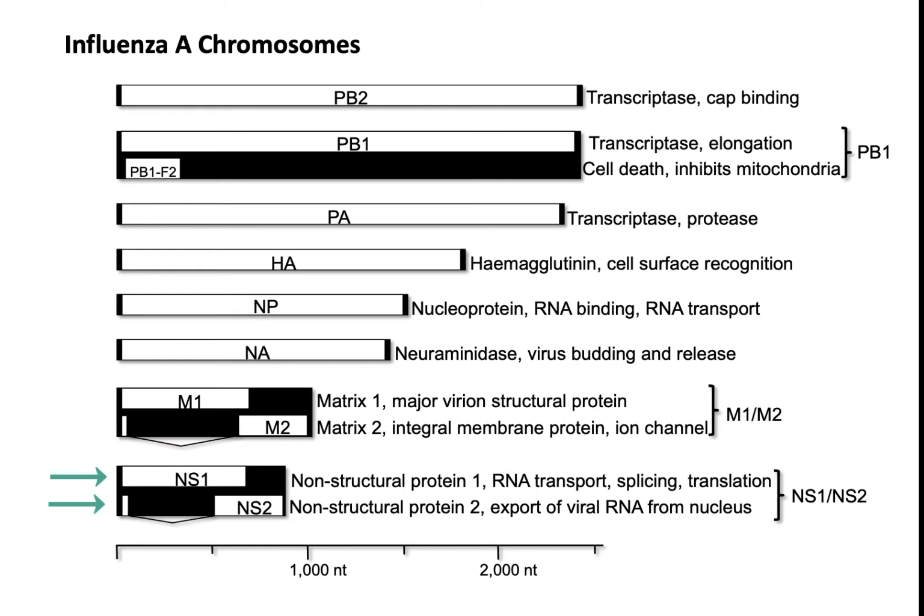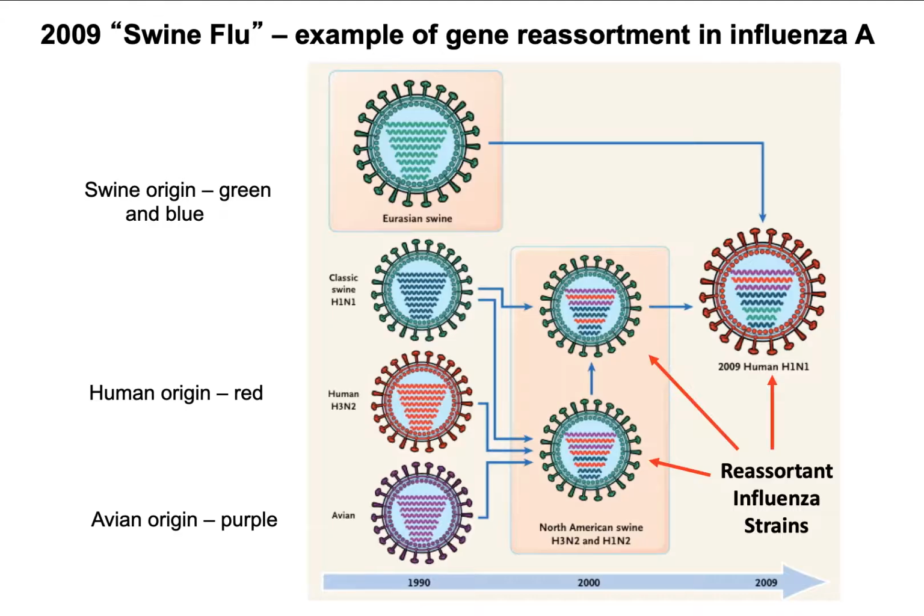And NS1 and NS2 are non-structural proteins that have functions such as RNA transport, splicing, translation, and export of the viral RNA from the nucleus. If you total up the lengths of all these, they add up to 15,000 nucleotides. So as you can see, it has 8 different sections or 8 chromosomes that encode 8 sets of different proteins.